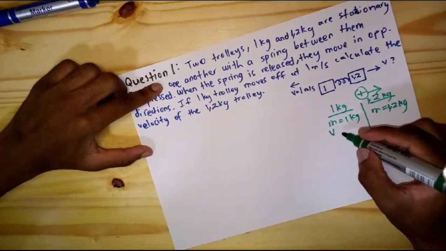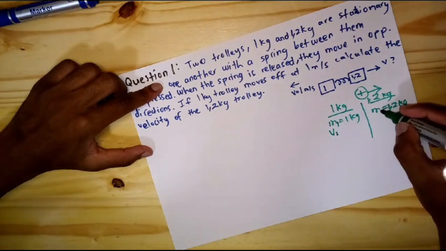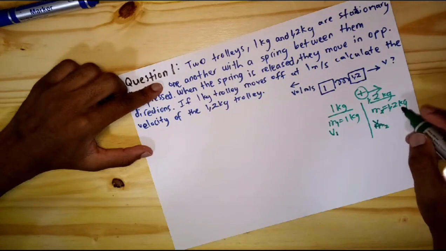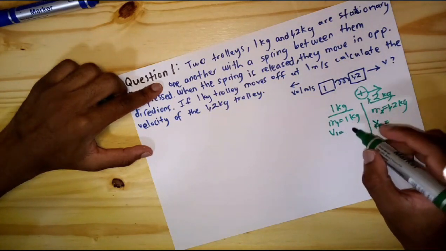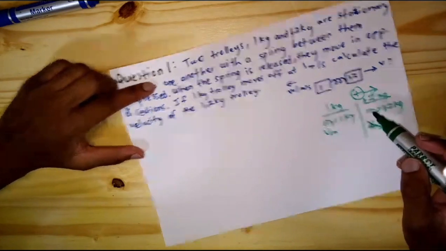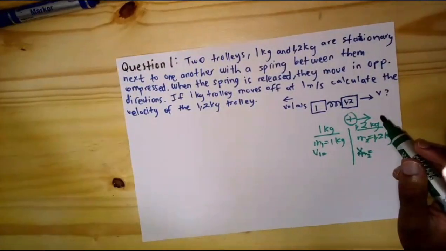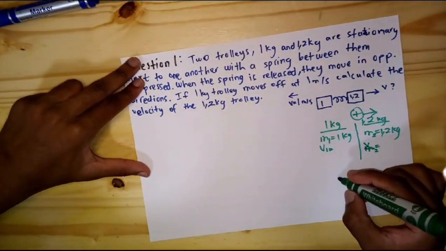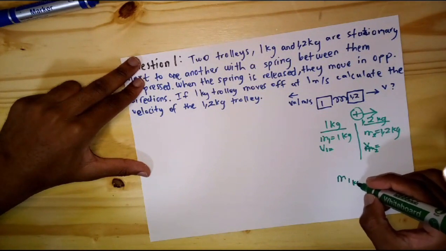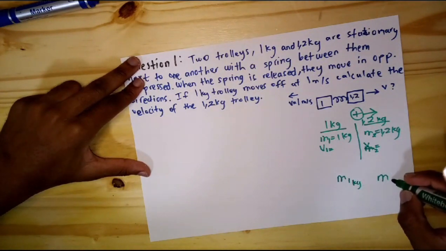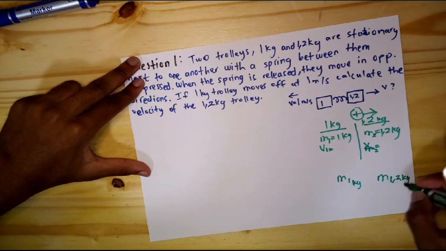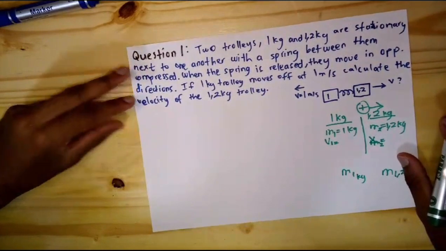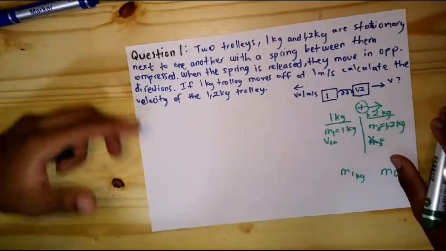Let's call this m1, let's call this m2, and the velocities v1 and v2. It's also nice to annotate which object you want to make object 1 and which object 2. If you want to write mass of 1 kg and annotate the other as the mass of 1.2 kg, that's fine. It might save you some time, but if you feel more comfortable writing it this way, that's also fine.